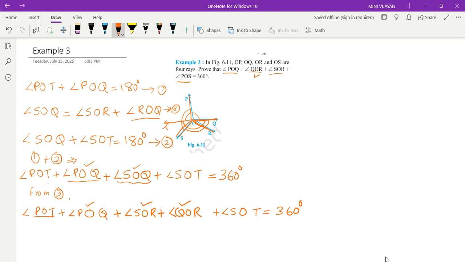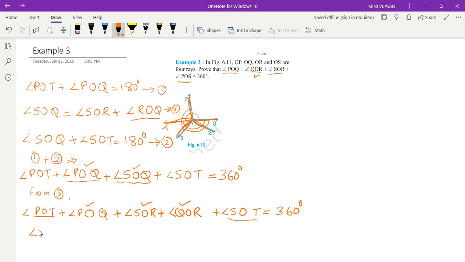And SOT is also here. So when you combine POT and SOT, POT is this angle and SOT is this angle. When you combine those two angles, which total angle do you get? POS. We are getting POS. So I am combining this POT and SOT.